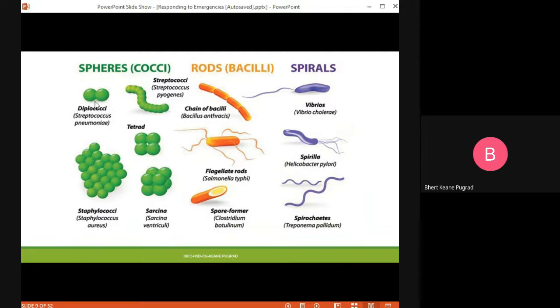Kapag dalawang spherical, dalawang circle-shaped bacteria, okay, ang tawag natin doon, that's your diplococci. Example of your diplococci, we have your Streptococcus pneumoniae, which is a causative agent of pneumonia. Kapag mag-isa lang naman to na single spherical, single na circle-shaped bacteria, ang tawag natin diyan is your coccus.